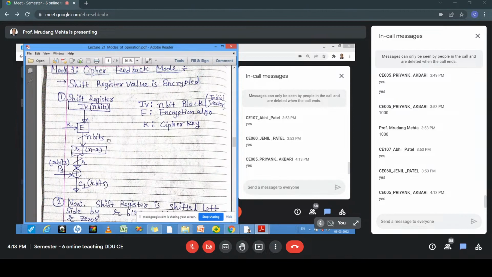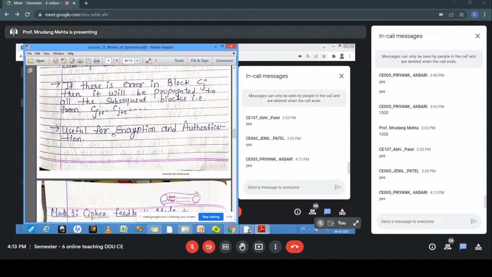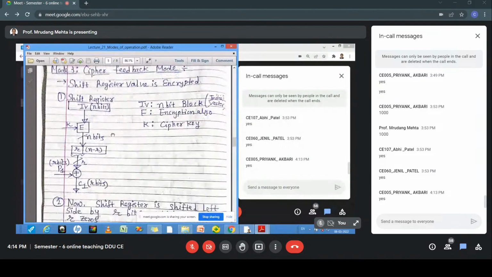Now see, the problem with the previous mode is that error is propagated to subsequent blocks. To solve that problem, we have another method called cipher feedback mode. Here we use one shift register, and instead of encrypting plain text, we encrypt the shift register.